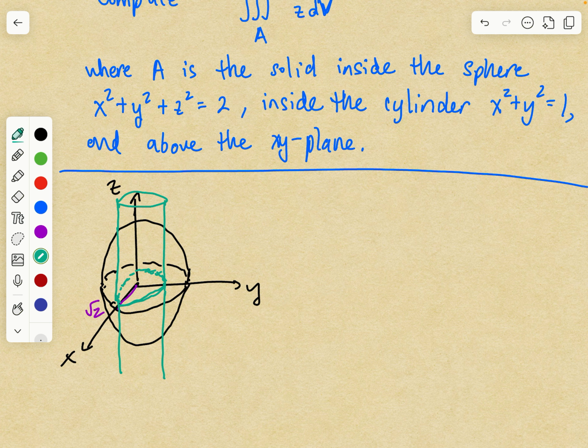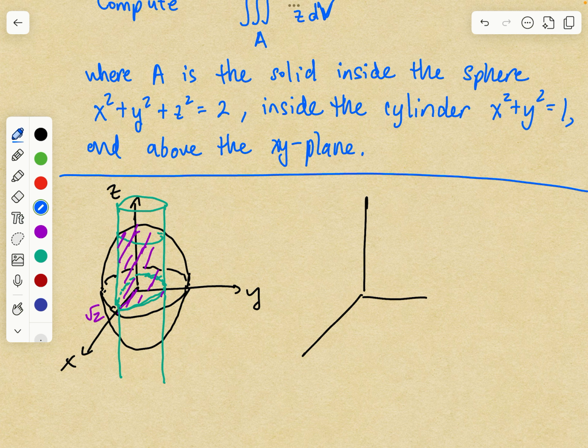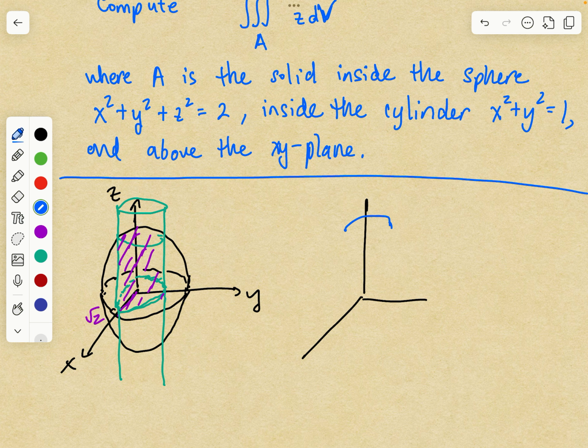So it looks like you have the top, which is spherical, and then it's a cylinder. Okay, but the top is spherical. So that's the picture.